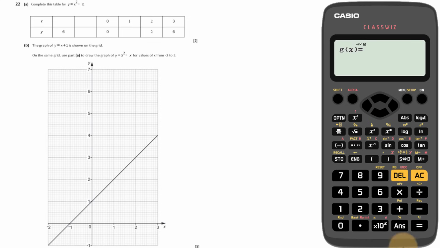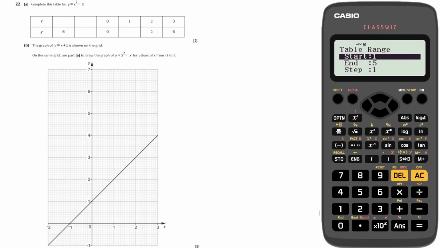Press enter. You're going to get g of x appear. Now we've only got one function to type in this time, so we can leave that one blank for now, and then press enter again. Then the start value is going to be, well, if the table gives you an x value, fine.